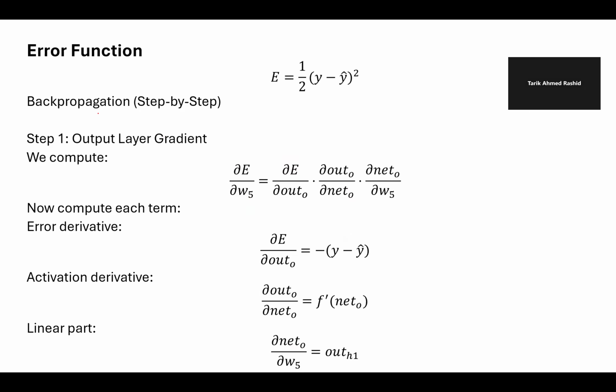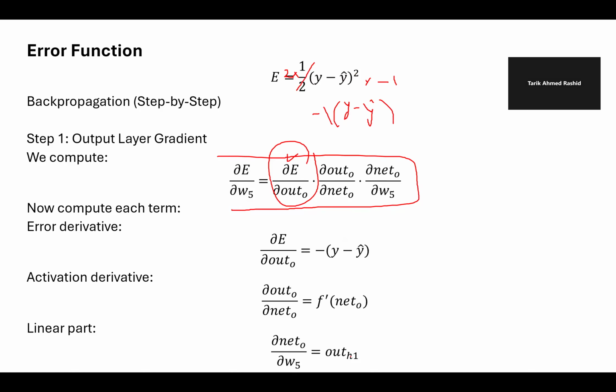Now, backpropagation step by step. The first step is the gradient for the output layer. We explained this, and the derivative of this part is the derivative of this. The derivative of the square, 2 multiplied by 1/2, will be 1, so it is (y minus y hat) multiplied by minus 1.